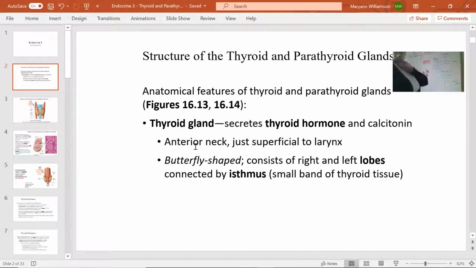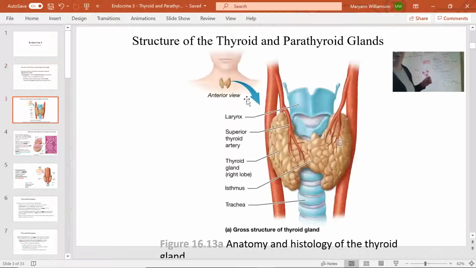It's in the anterior neck, superficial and inferior to the larynx. It's butterfly shaped. We're going to have a right lobe and a left lobe, and those are connected by the isthmus. You'll want to know that for lab.